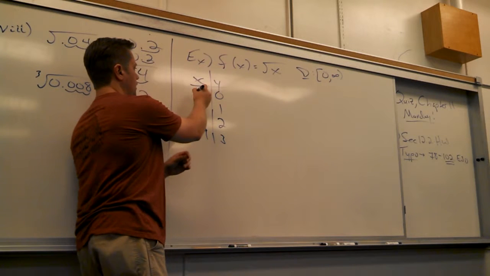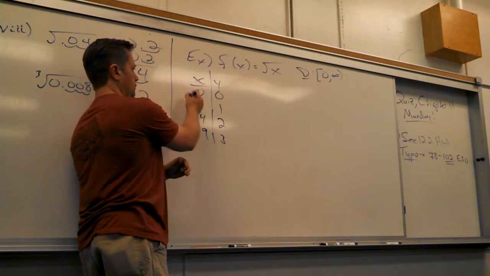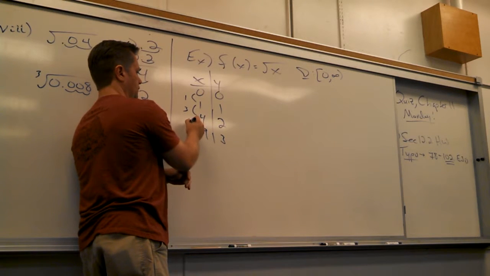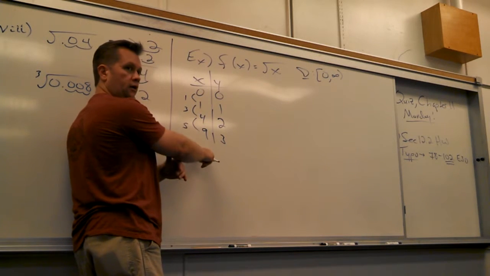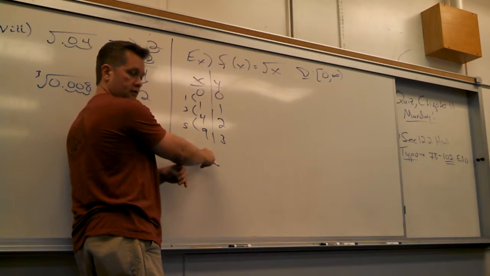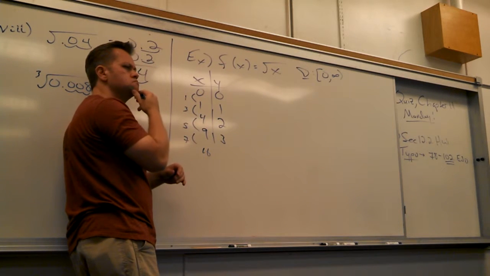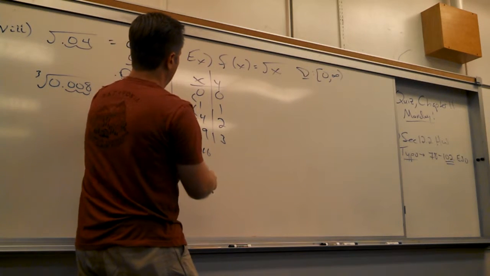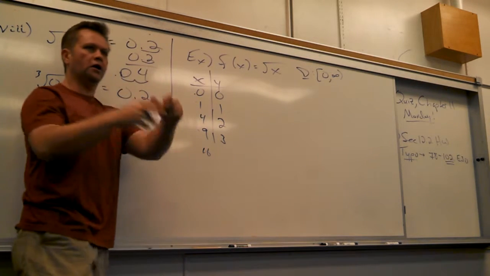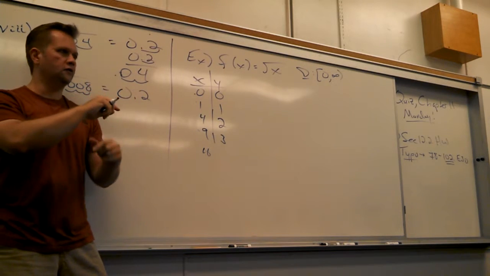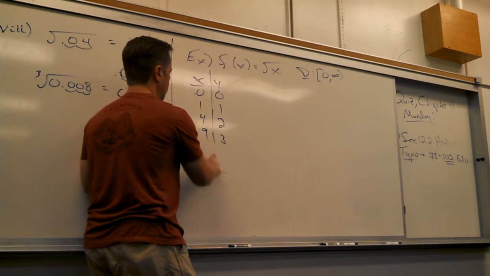Real quick, watch this. How far apart are these? 1. These? 3. These? 5. The next good one would be 7, then 16. They are 1, 3, 5, 7. So all squares are separated by odd numbers. It's kind of nifty. Anyway, that's a little side note.